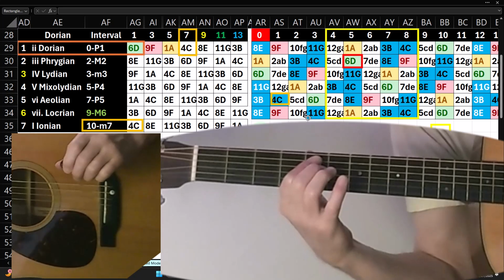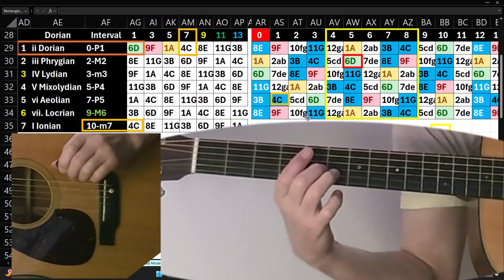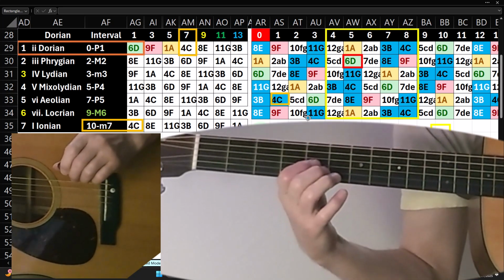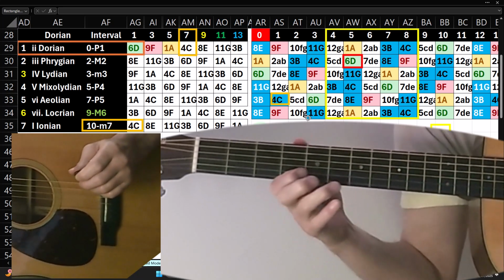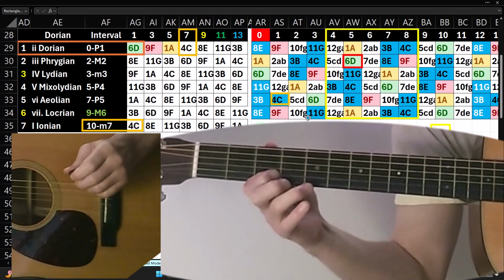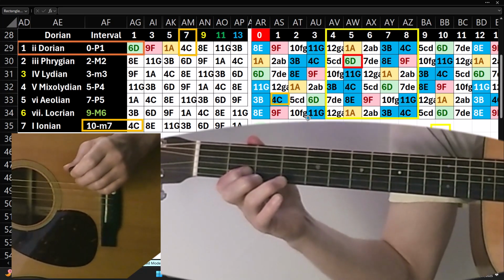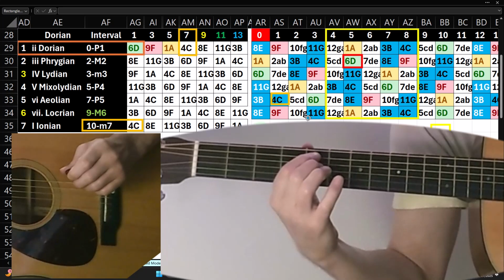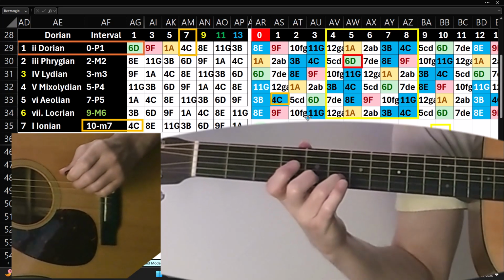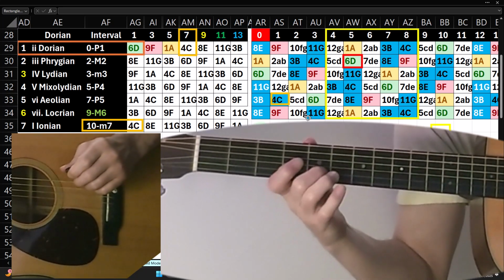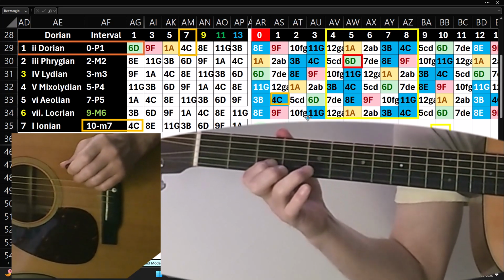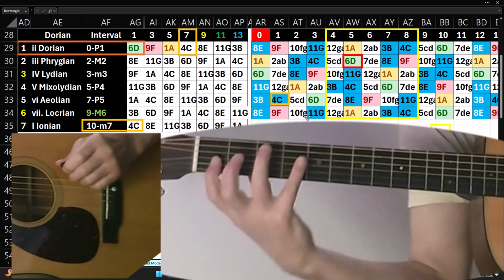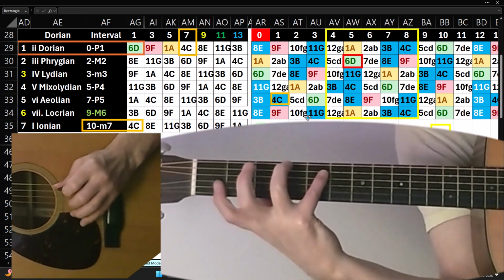So 5, 10, 15 up this way, then 15, 14, 13, 12, 11, 10. I think I had that right the first time. So there we have it.